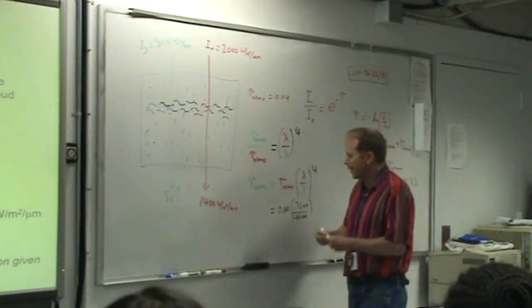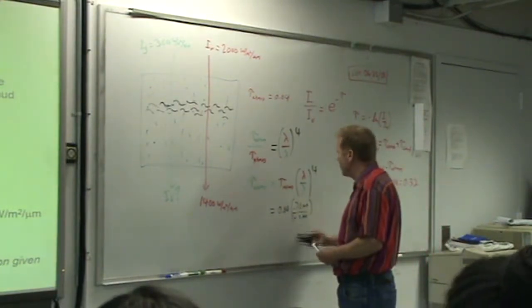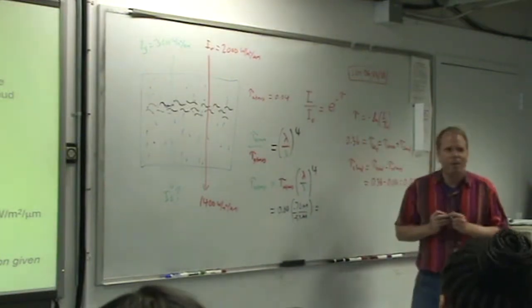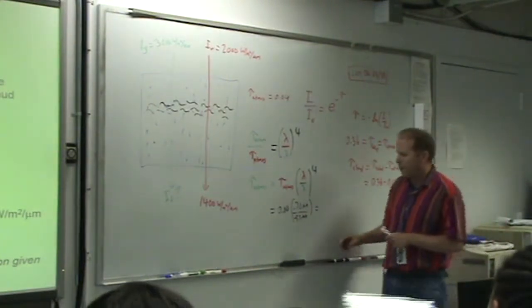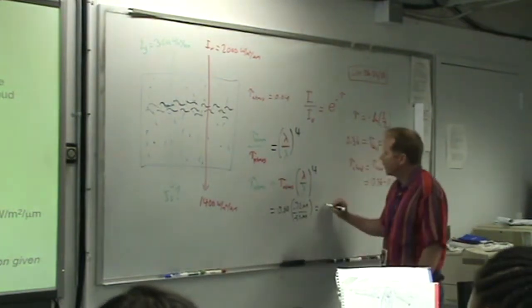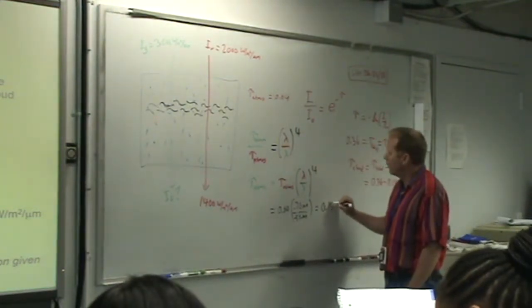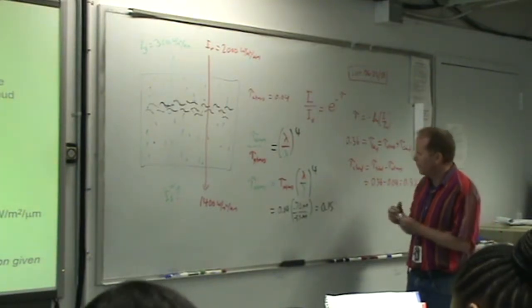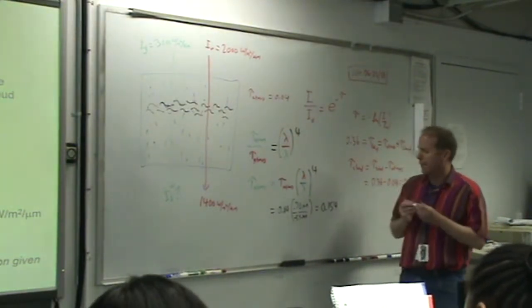Oh, 0.5, thank you, green, not blue. I was thinking blue there. 0.5, and work that out. What do we get for that? 0.154, something like that.